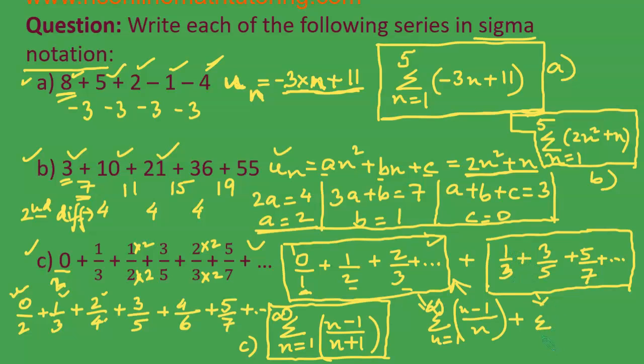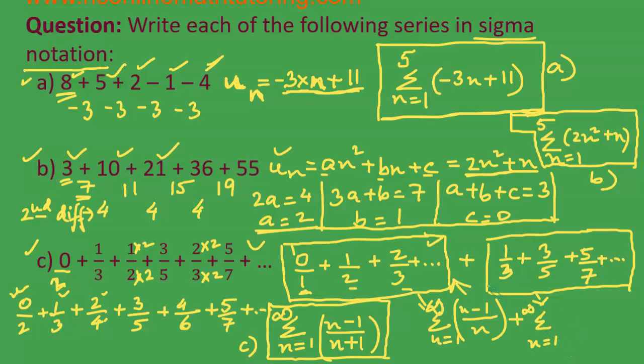What will be the thing? This will be a bit tricky. We have to take the term numbers. So it is n equal to 1 and n will continue till infinity. So what can I write as the numerator and what can I write as the denominator when n is equal to 1?